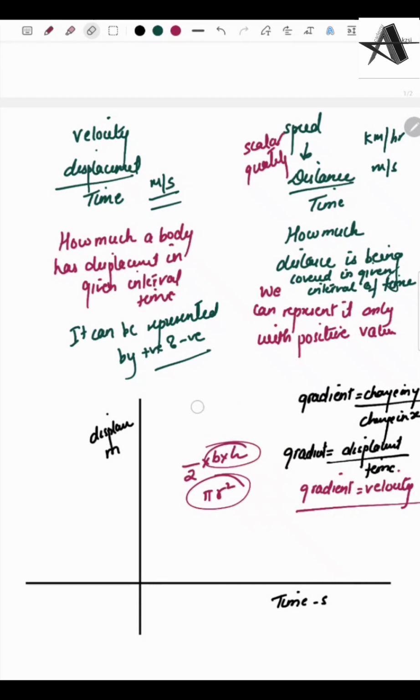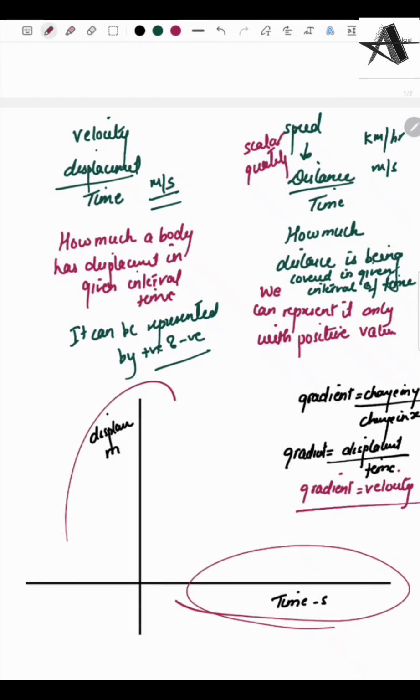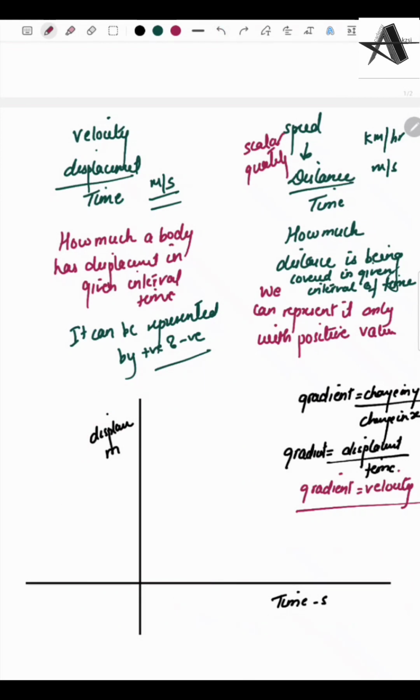For the area under the curve, those are the x-axis and y-axis. On the x-axis it's time and on the y-axis it's displacement. Now you have to think, what is displacement into time? It's not any known quantity that we are studying. So there's no use of area under the curve for us at this point. You have to find the gradient and area under the curve just like that. It will give you an idea of what kind of quantity you will get.